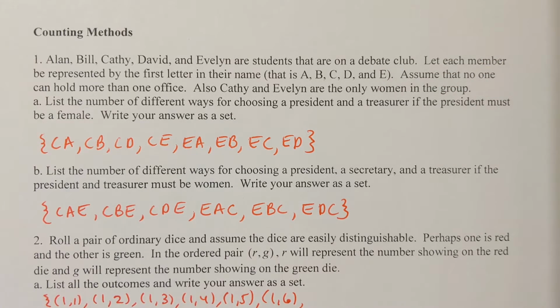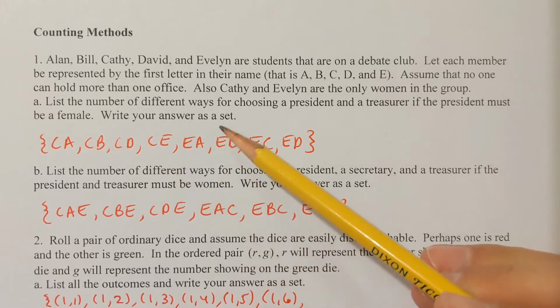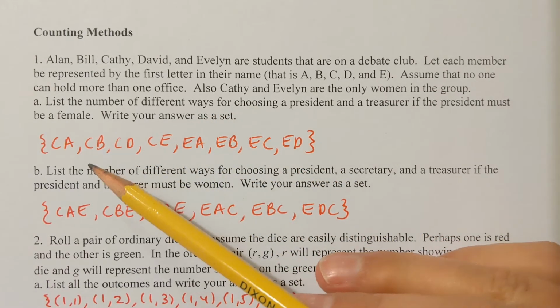So if the president and treasurer must be females, the president could be Kathy.